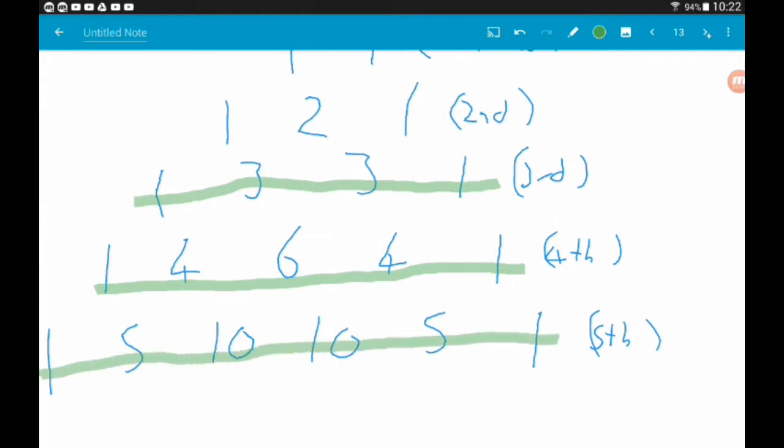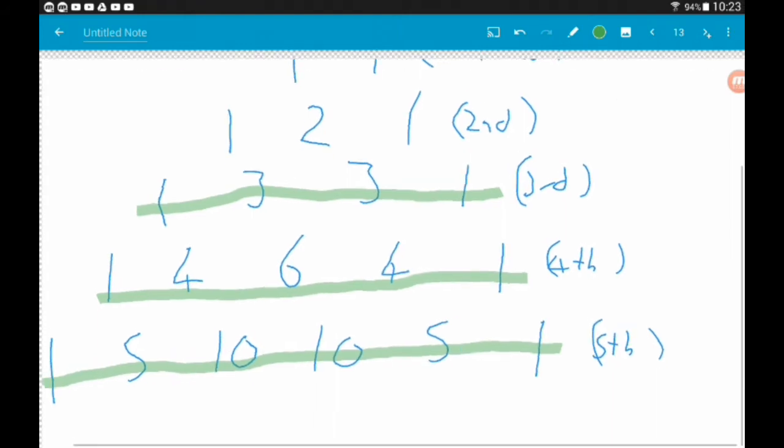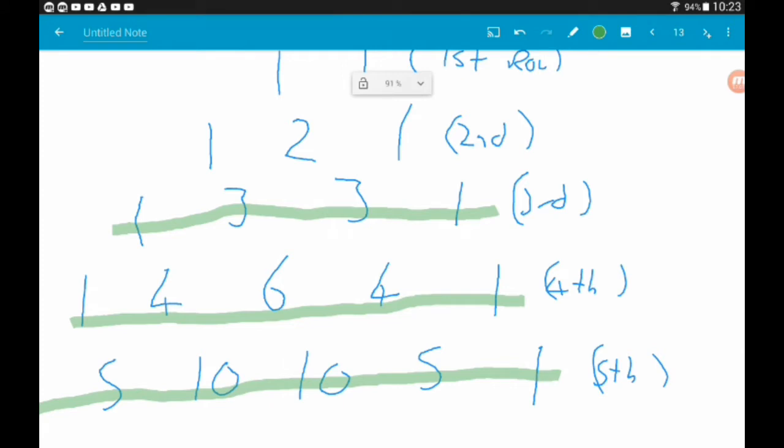Now there's another thing here that we can notice. The triangle is symmetrical down the middle. So notice on the even rows, it builds up to the middle number, and then it goes back down symmetrically. So with the power of 2, we get 1, 2, 1.